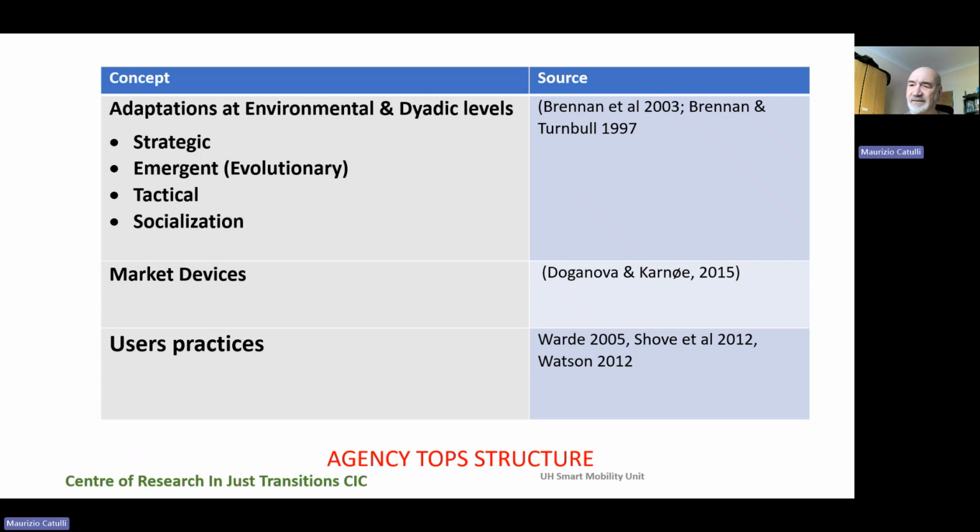Last but not least, that's a recent addition, you got users' practices. What that means is consumers. As a consumer, I might be more used and favorable to recycled products. And managers or members of the staff might perform practices in one way rather than another.